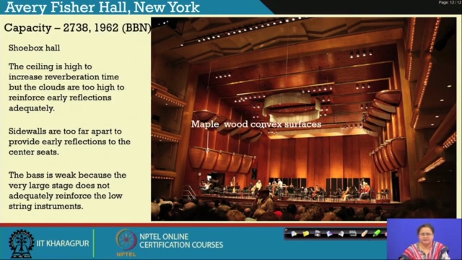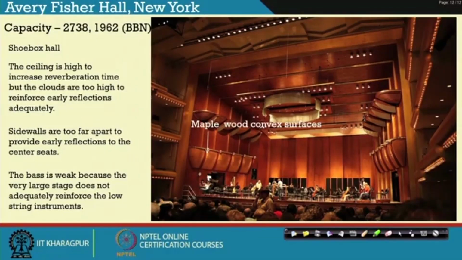and in this hall, because there was no other shape than straight flat things, the bass was weak, that is the low frequency was lost. In that case, it could not achieve better sound quality, that is the warmth was lacking in this particular hall.